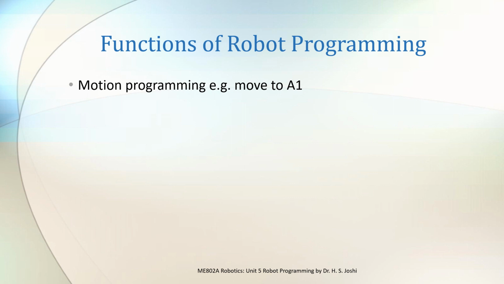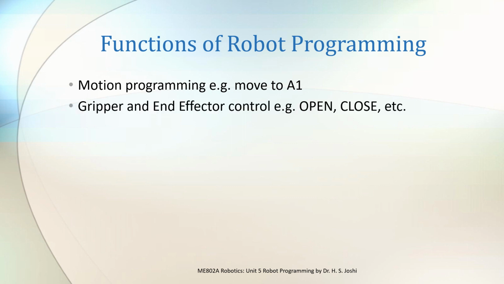For example, a command like move to A1: if I want to move the end effector of the robot to a point named A1, then I'll have to use motion programming for that type of task.